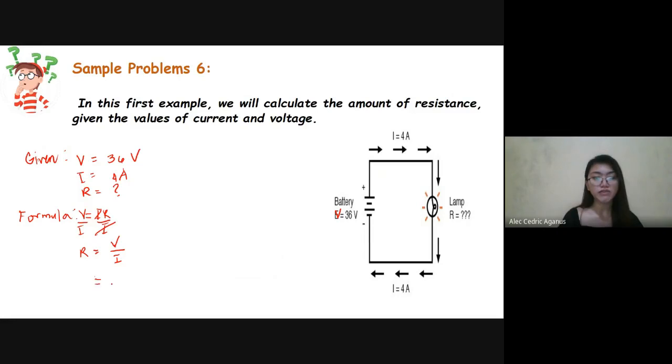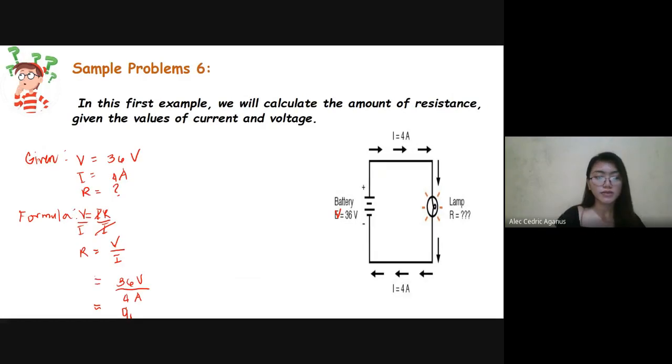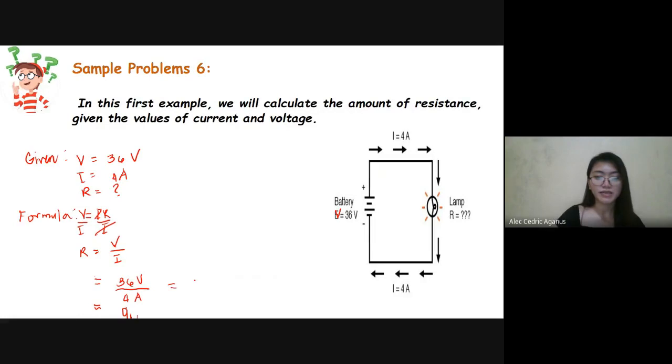Your V is 36 volts. Divide it by 4 amperes. So 36 divided by 4, that is 9. So it's 9 ohms. So in this first example, the final answer is 9 ohms.